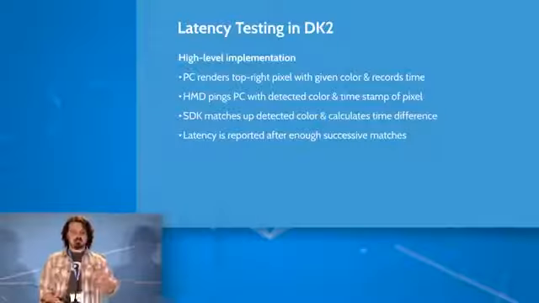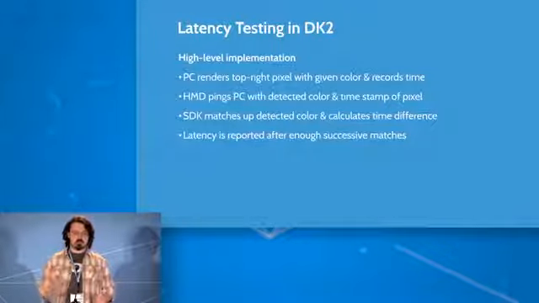And obviously, you want to make sure you're accounting for that somehow, or you at least know about it up front. So the high-level implementation of how this latency testing feature works is basically that the PC side renders the top right pixel a certain color and records the time of when that was rendered. And then once that reaches the HMD screen, the HMD detects that color and sends back to the PC when that certain color was detected.